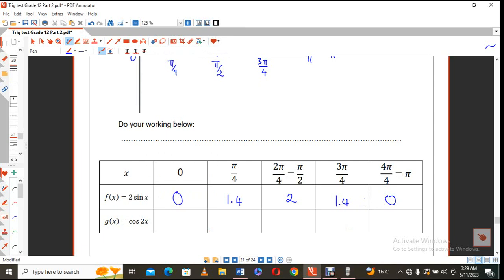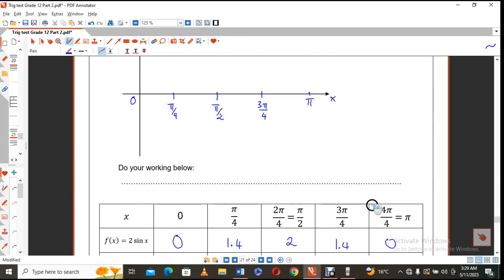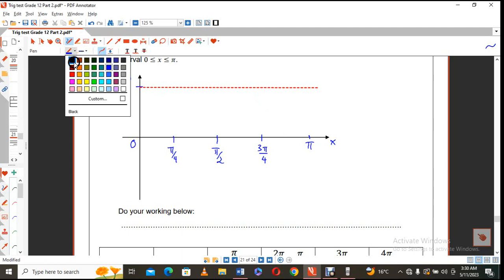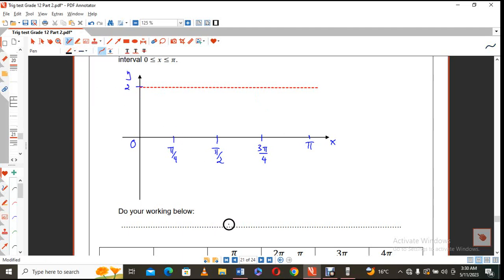Okay, if that is my table, I can actually sketch. But here's the thing, the highest output value will be 2, so it will be imperative to label that 2 over there. What I like to do, and I will advise you to do the same, is draw a dotted line over there, because that graph is going to be in that region.